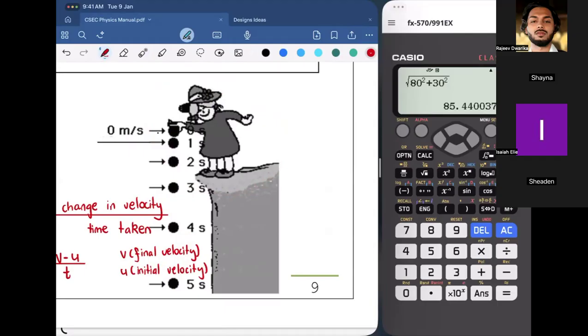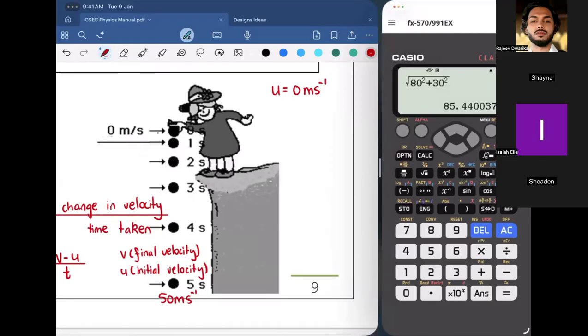But at 0 seconds, what's the velocity? 0, right? So u will be equal to 0 meters per second, ms minus 1. Let's take 5 seconds as the final velocity. Say we measure the speed at this point and we get 50 meters per second. By the way, meters per second and ms minus 1 mean the same thing.